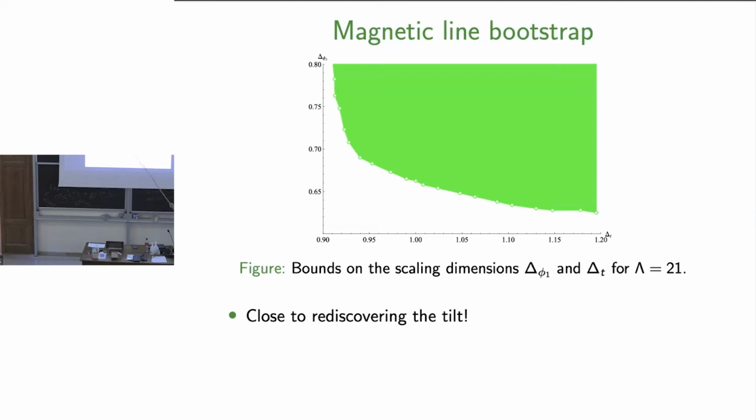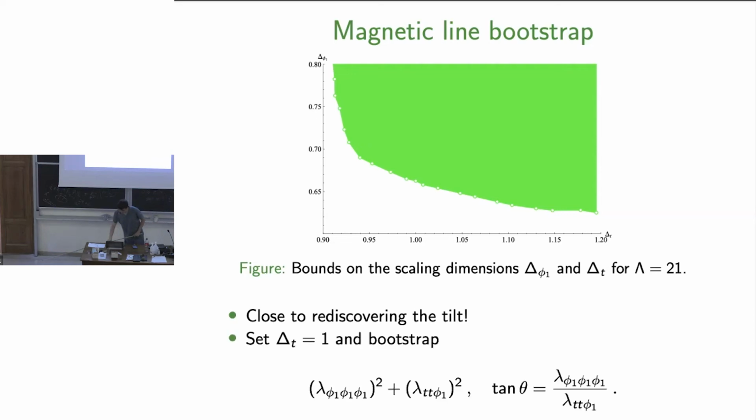And you see that for the tilt, the allowed region has a lower bound which is already above 0.9. So that's quite good. It seems that the numerics is rediscovering the tilt and telling us that this operator should be there. On the other hand, the lower bound on the spin variable is around 0.6, and remember that the estimate is 1.55. So this one is actually quite weak.